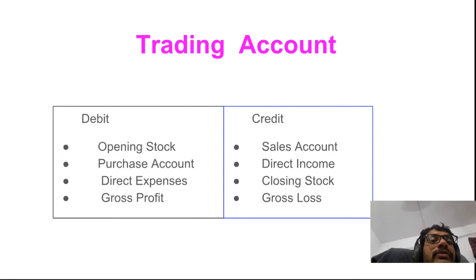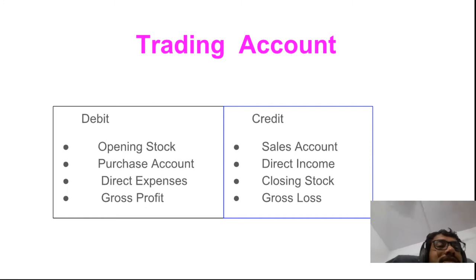Then we will go to the credit side. On the credit side, we mention the sales account first, then direct income. Sales is general sales, where you purchase raw material and make finished goods, and sell them; that is the sales account.